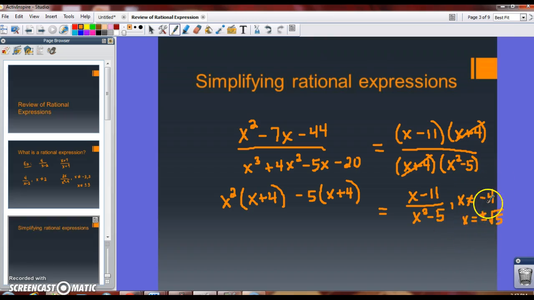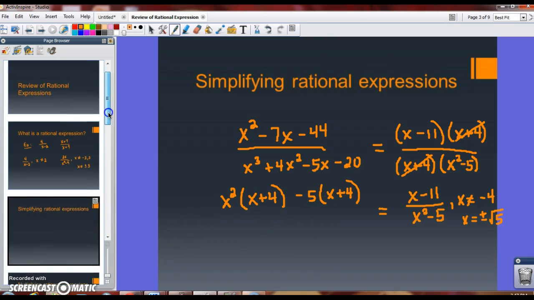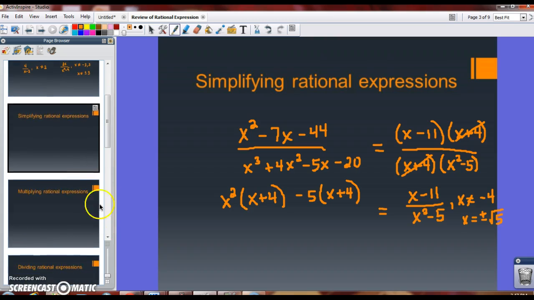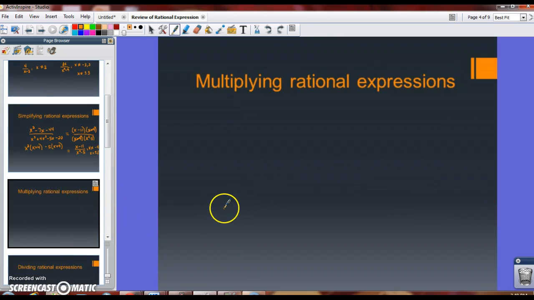Because all of those values of x make that denominator 0. Okay, so pretty straightforward with simplifying. That should be a pretty easy review.